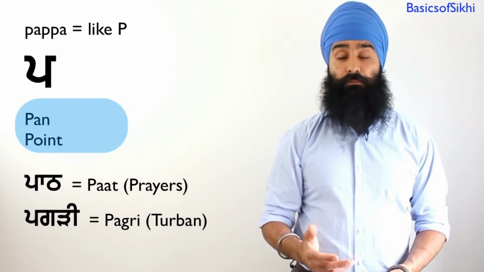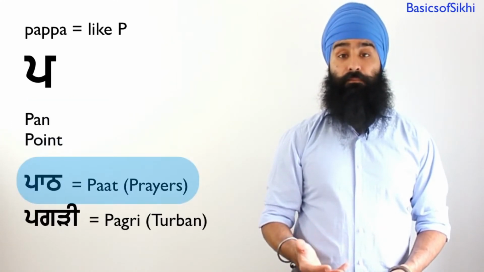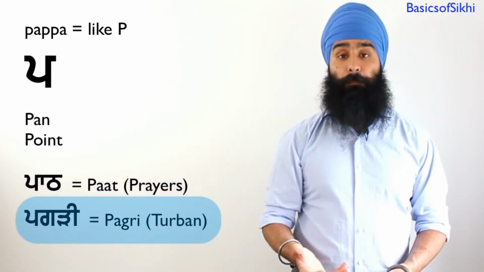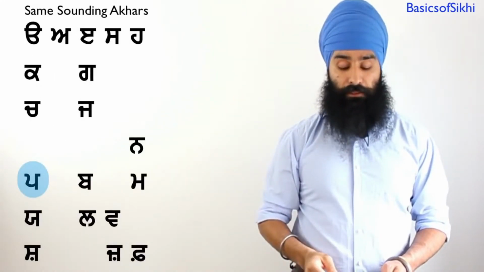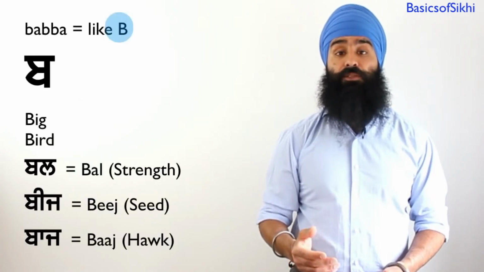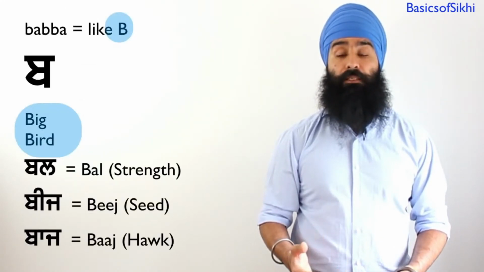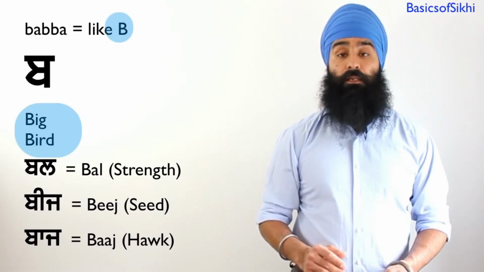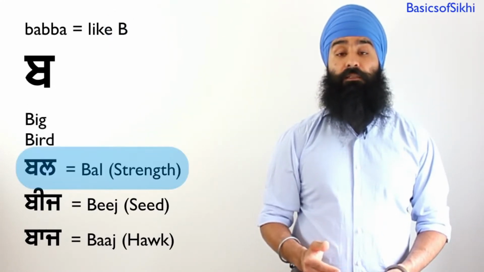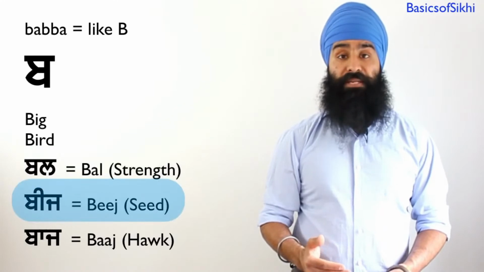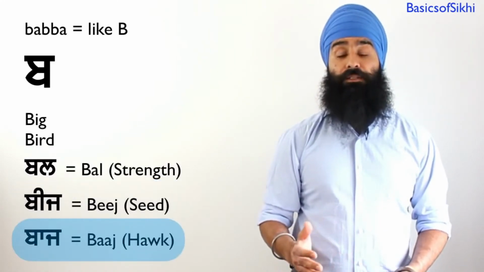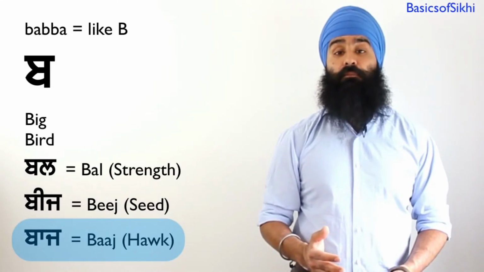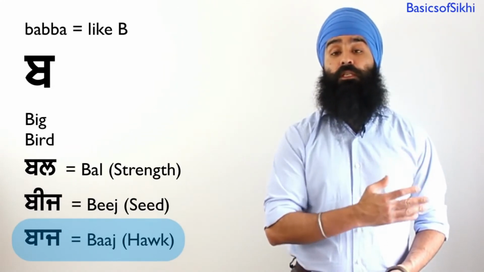And then in Punjabi, part means the prayers, or pagdi, as in our dastar. Okay, then babba, b. Just like we would say in English, big or bird, b. So in Punjabi, bal, strength, bal. Beej, beej means to sow a seed, or baaj, like we say baja wale. Baja wale means the one with the hawk.